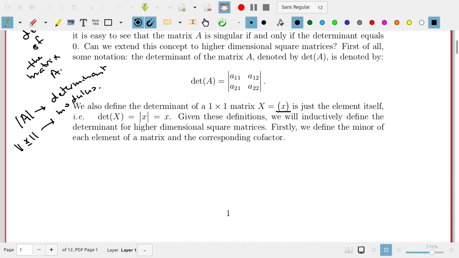Okay, so determinant is something that we will define inductively. What does this mean?